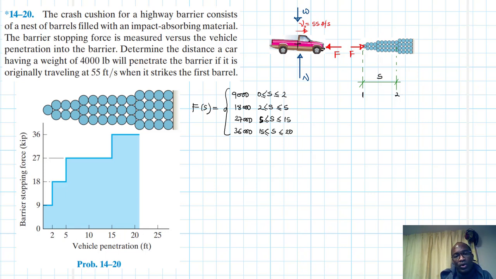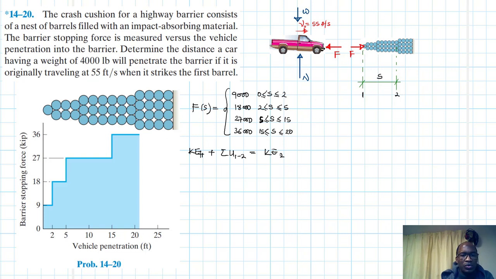Given the amount of work that is going to be done as this crash cushion gets deformed, we are going to use the principle of work and energy. So we are saying the initial kinetic energy at point 1 plus the total work from point 1 to point 2 is equal to the final kinetic energy at point 2.